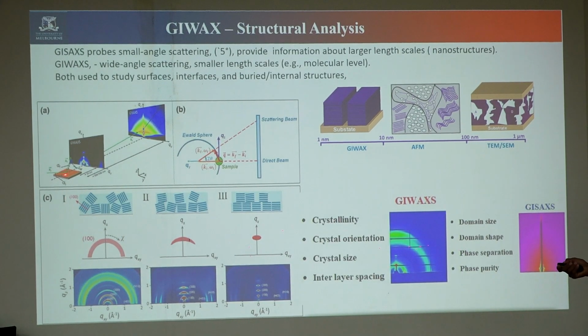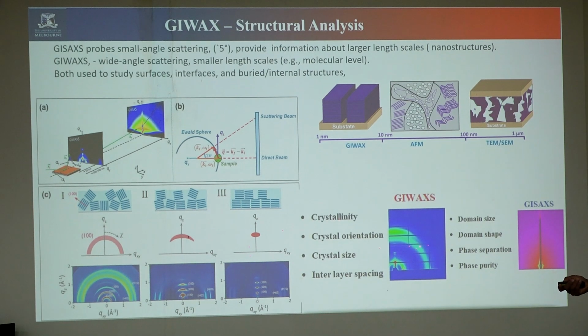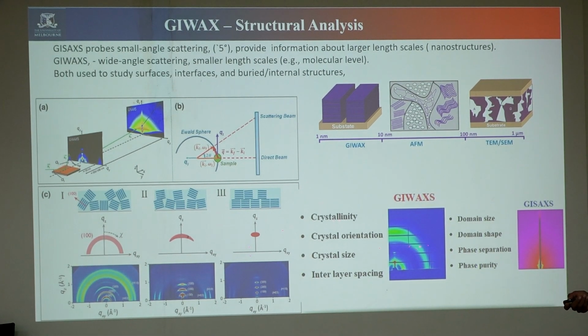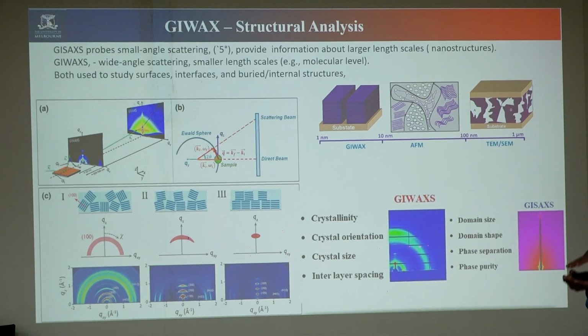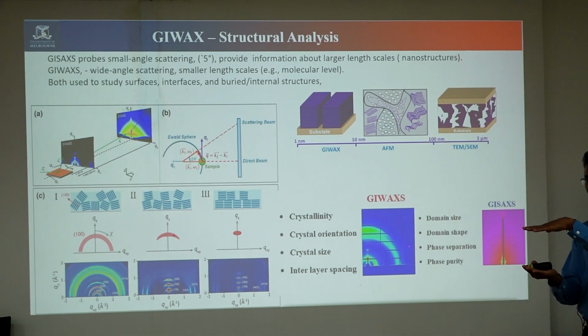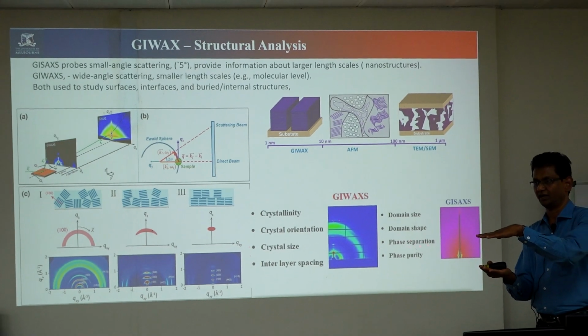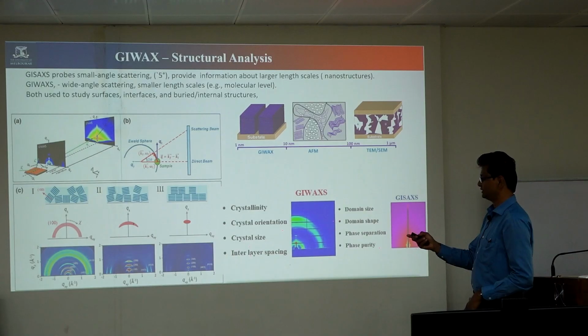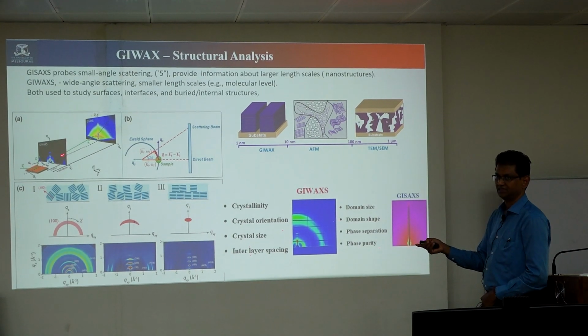Imagine this layer is only 100 nanometer. By changing this wide angle, we can probe what is underneath the surface level, what is there below 5 nanometer, another below 5 nanometer, how the arrangements are. Those arrangements we can get from this GIWAXS data.